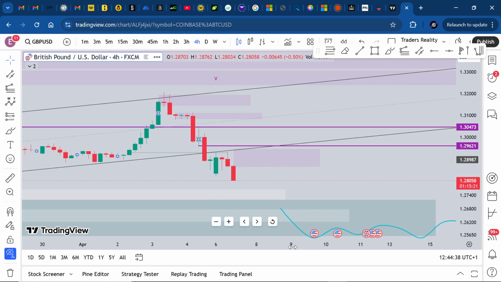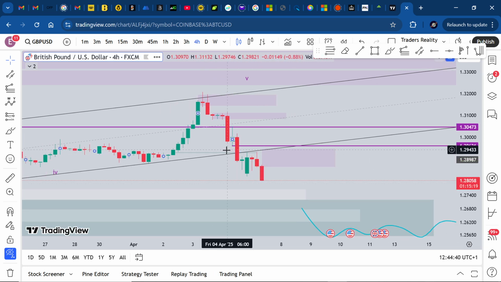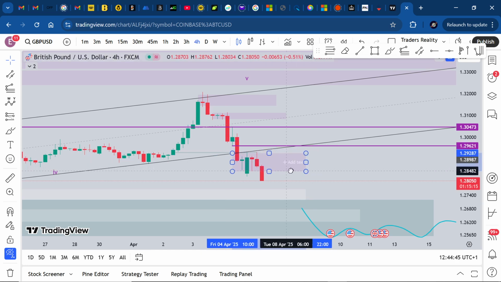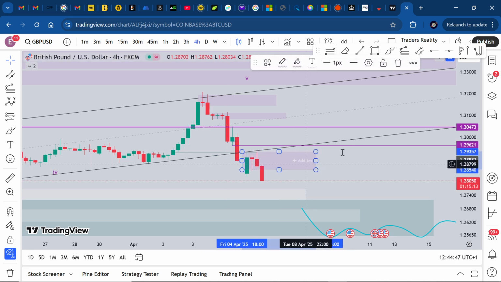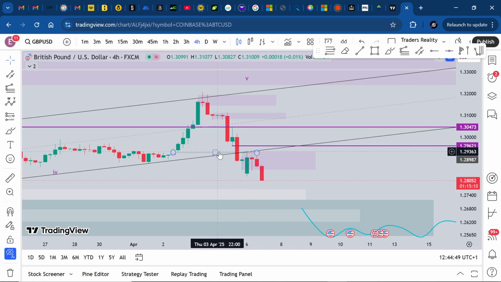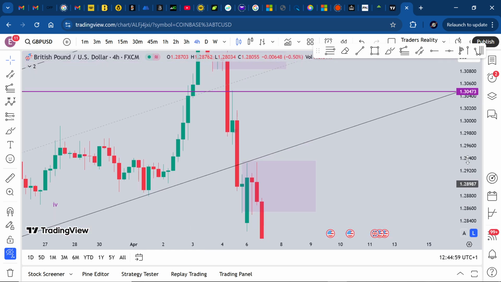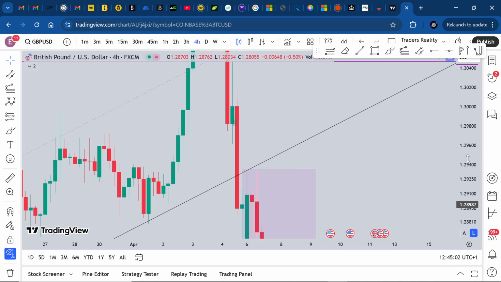So I'm gonna look for it now. I guess this area actually might hold. Grab liquidity.